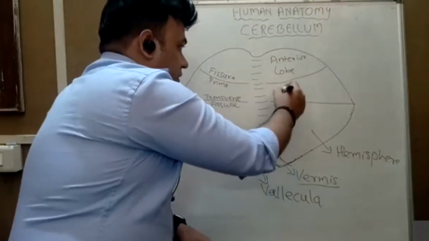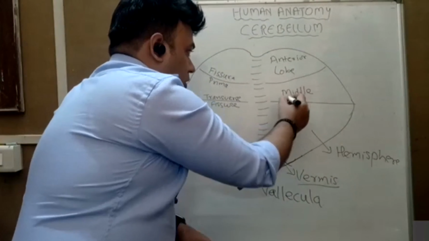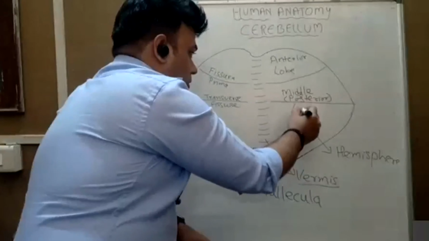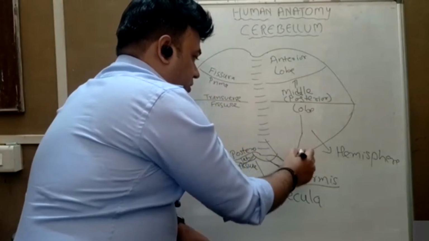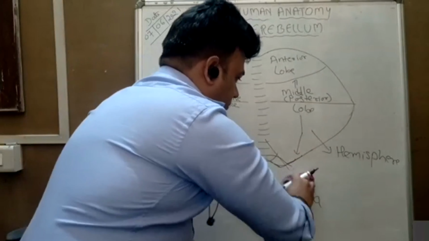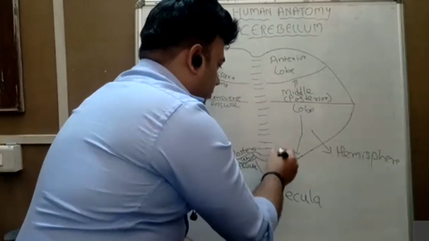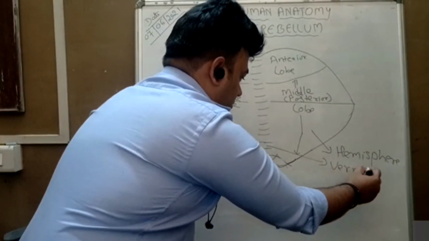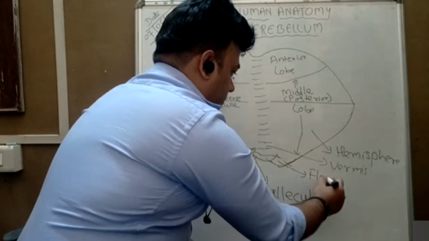And this whole part is known as the middle or posterior lobe, up to this extent, and this last one is known as the flocculonodular lobe. I will write vermis here.